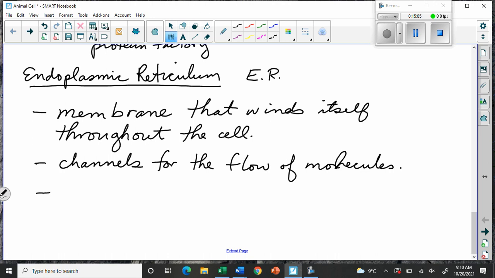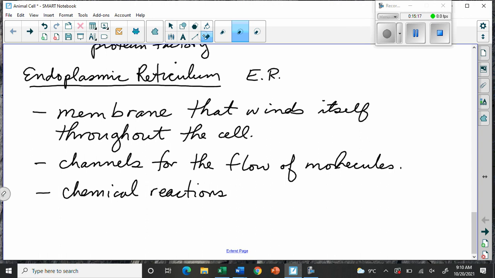The other thing about membranes is that they are very important chemical reaction sites. A lot of the biochemical reactions that happen in a cell are associated with or happen with a membrane. And there's two different ways this happens.